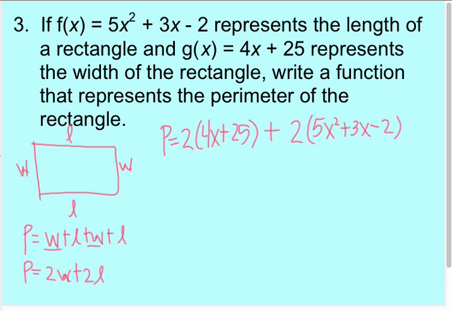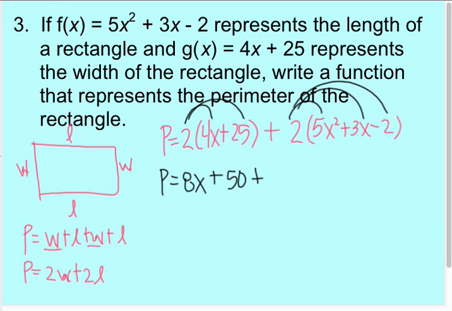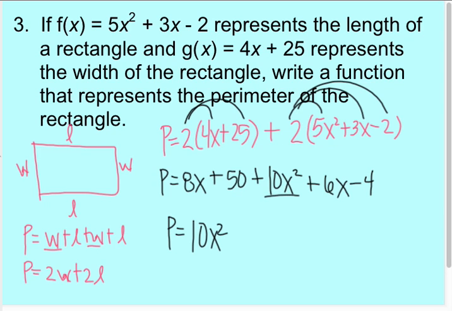And we want to go ahead and simplify this, so I would distribute the 2 here, plus distribute the 2 to this part, we'll get 10x squared plus 6x minus 4. Then I would combine my like terms, 10x squared, 8x and 6x, which gives you 14x, and 50 minus 4, so plus 46.